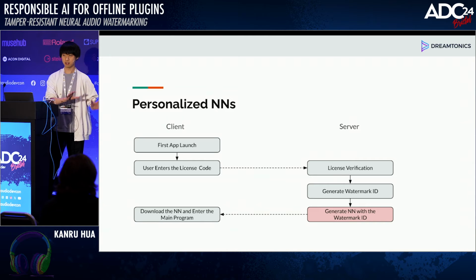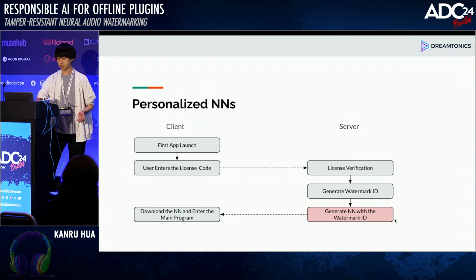Even for an offline plugin, it's common that the first time you run a program, you have to enter a license code or something, and that part goes through a server. So on the server side, once you verify the license, you can generate a watermark ID for that user and somehow generate a new neural network with the watermark ID embedded inside it and send it back to the client side. Now, the whole question is, how do we generate a neural network with the watermark ID?